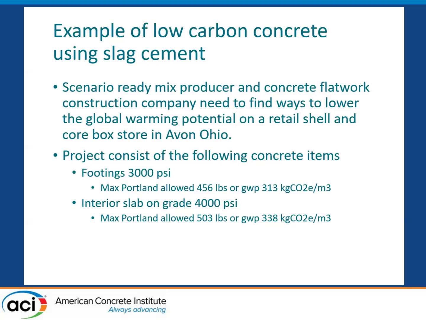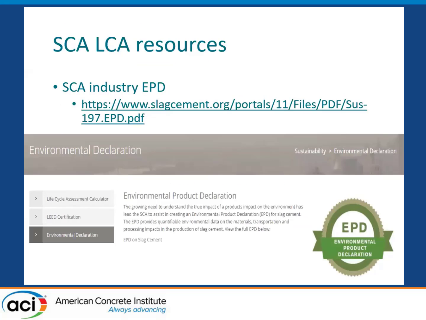So a better way of doing that is to use the resources and look at using the Slag Cement Association's information and tools. If we look at the EPD, that's a good example to see how slag compares to a Portland cement for reductions.